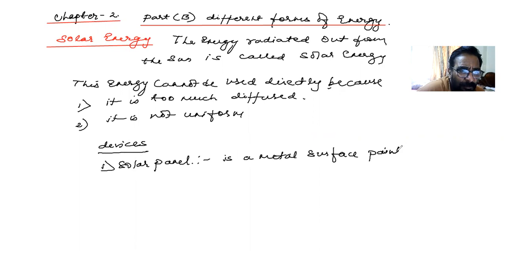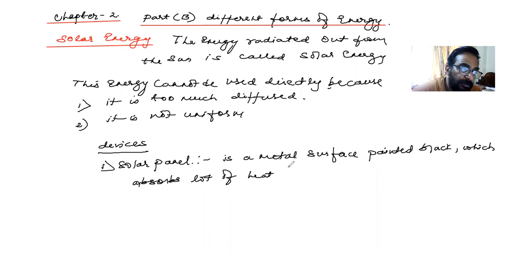Why is it painted black? Because black color is a very good absorber of heat. So this metal surface can absorb a lot of heat and get heated up. Remember, a solar panel is a metal surface painted black, which absorbs a lot of heat from the surroundings.